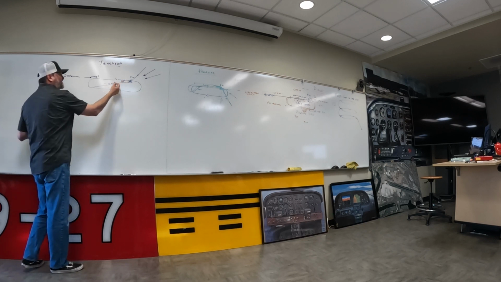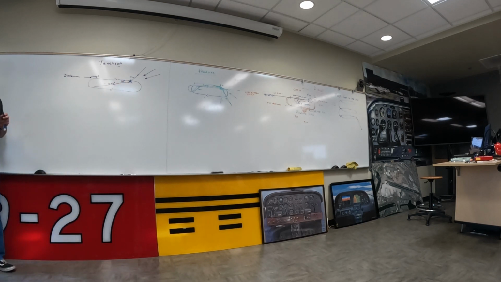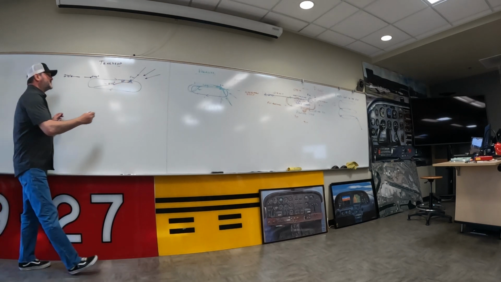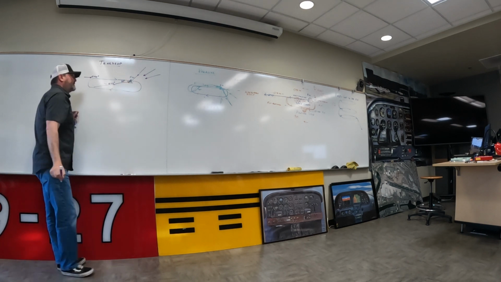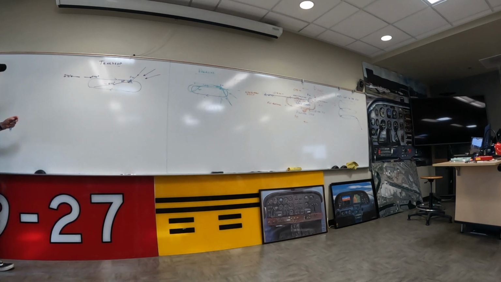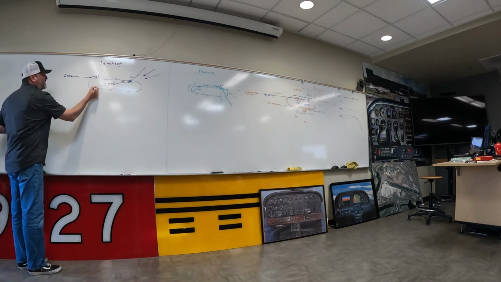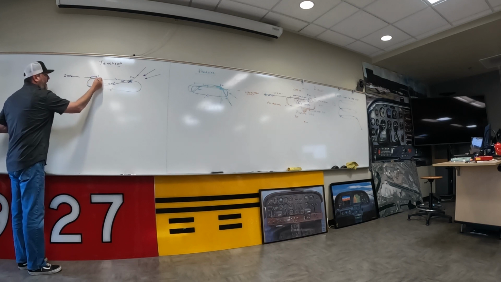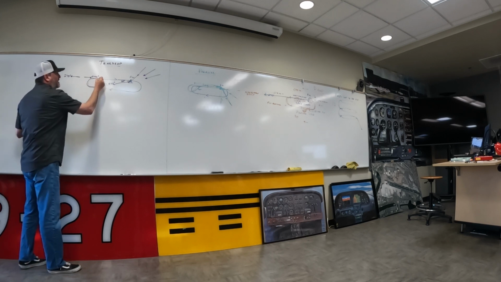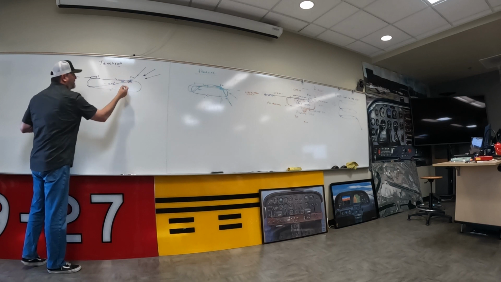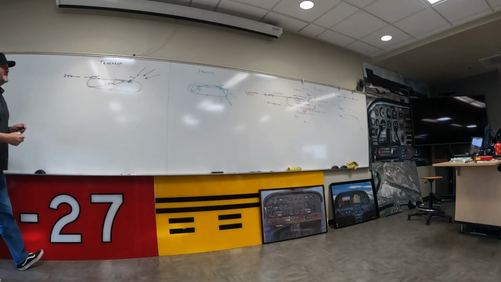I would get to the fix, I would turn to 240. When I'm established at 240, I would start my timer. How long do I time for? 1 minute. At the 1 minute mark, I make a right turn. And now I'm established on the inbound leg. And it forms what looks like a teardrop.